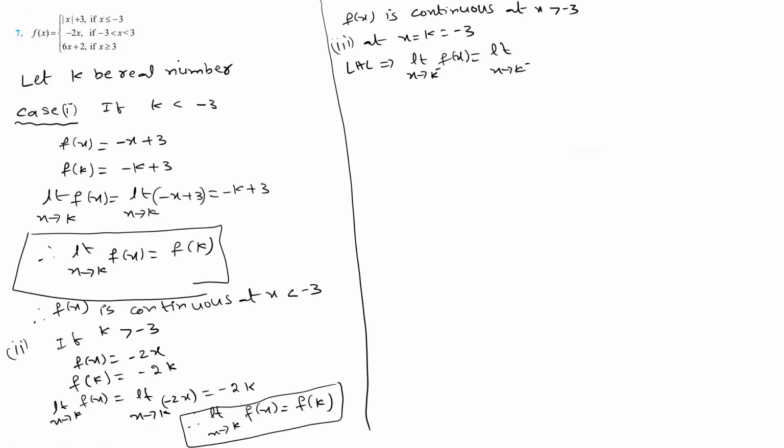Modulus x plus 3 means it will be minus 3 minus, so modulus x will become minus x plus 3, which is nothing but minus k plus 3 here. So k is equal to minus 3 we are taking.